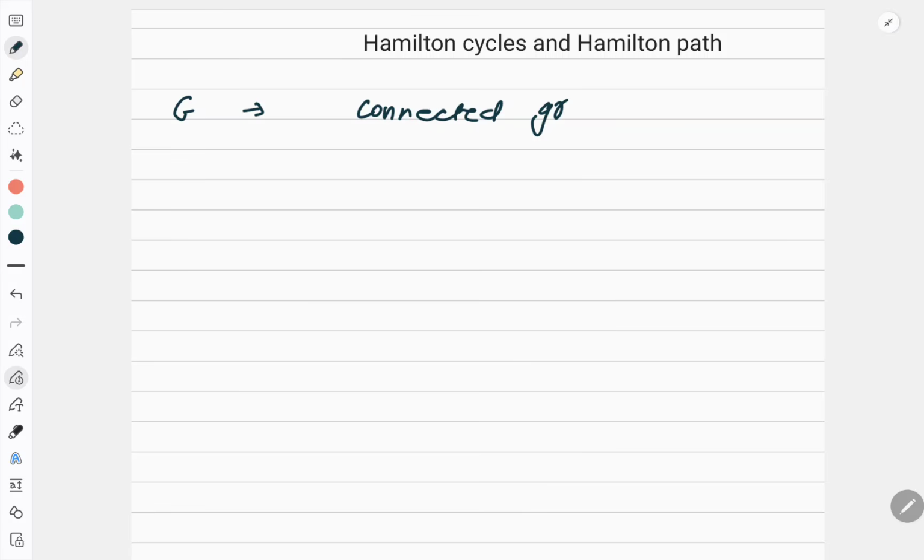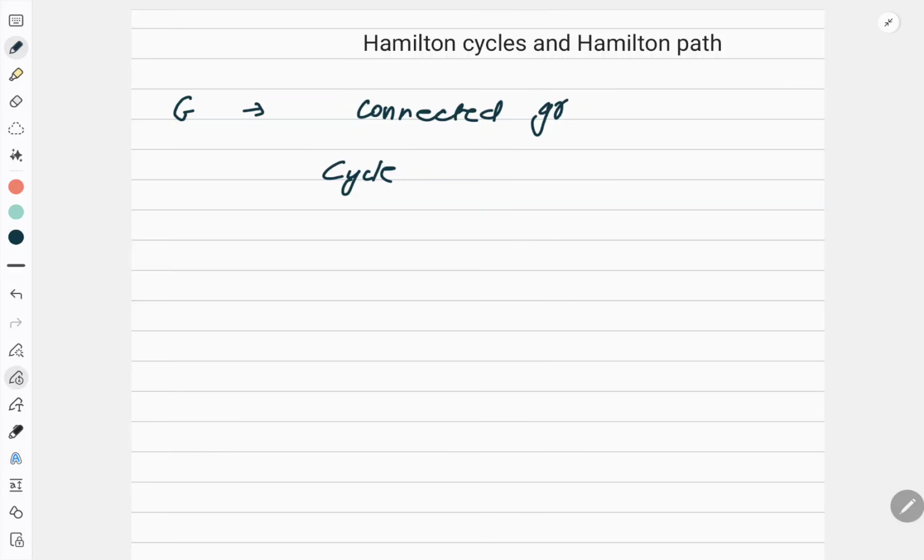Okay. Now, as I said, G is a connected graph, and if there is a cycle in G, what is a cycle? I am searching for a cycle in G. A cycle is an alternate sequence of vertices and edges starting from the same vertex and ending at the same vertex, and I should not repeat any vertex, right?